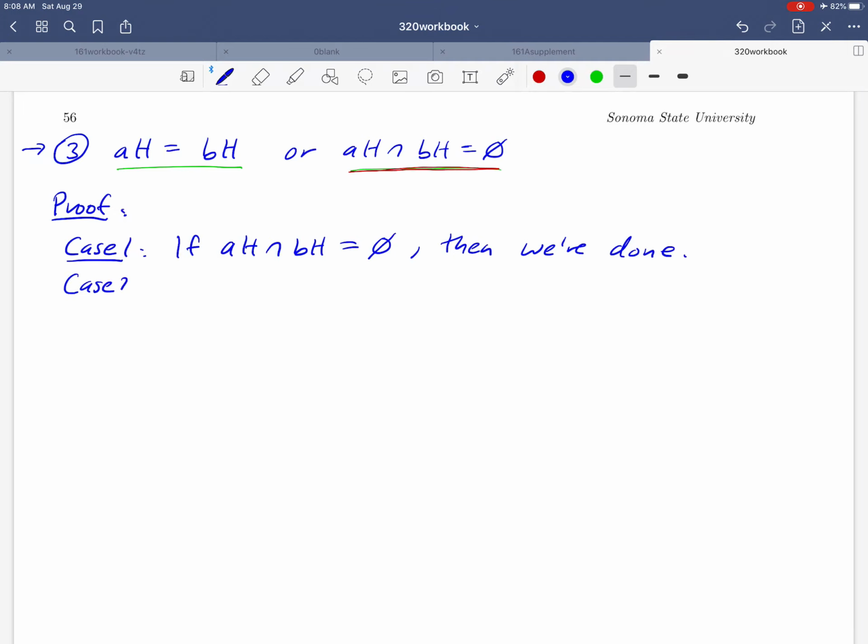And then ask ourselves, what's the other possibility? Well, if the intersection of AH and BH is not the empty set, then they have to have an element in common. So if that intersection is not empty, then we can choose an element x that's in both of those cosets. So we'll start by doing that.